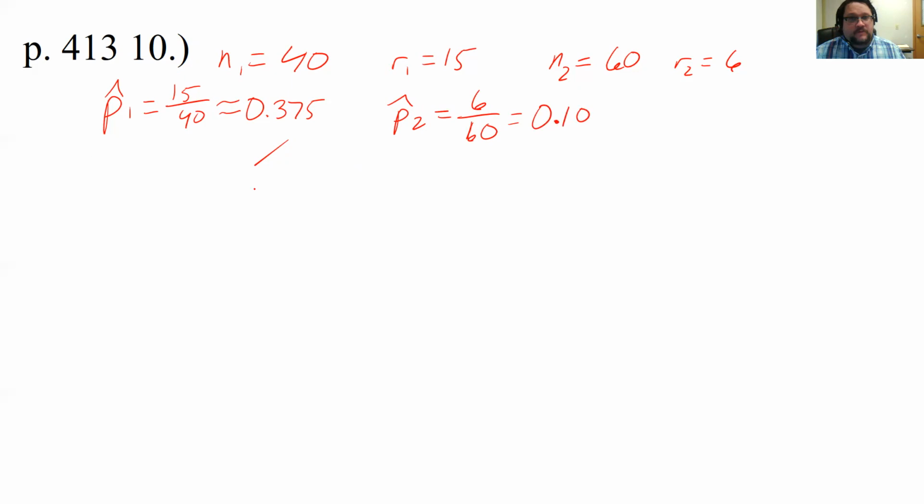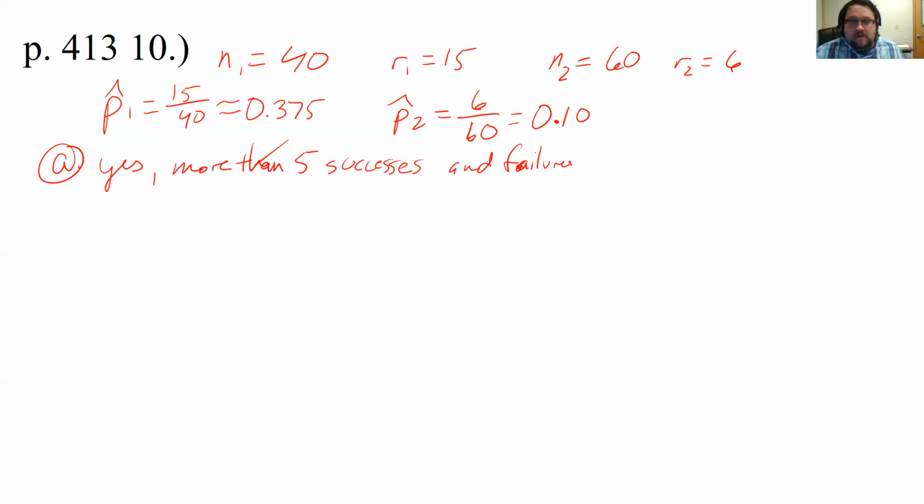All right, so just getting some background information here. So now we're going to start the actual problem. Check, is it appropriate to use a normal distribution? Yes. More than 5 successes and failures in each group, each sample.